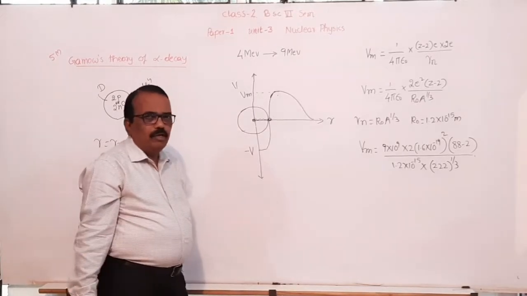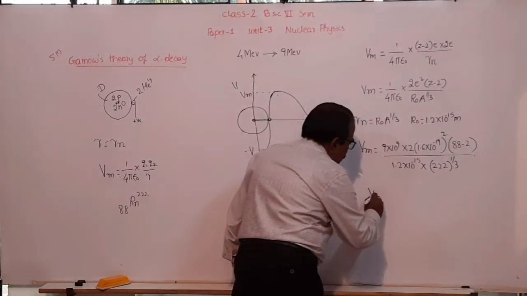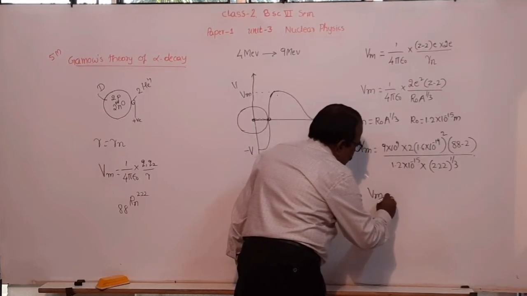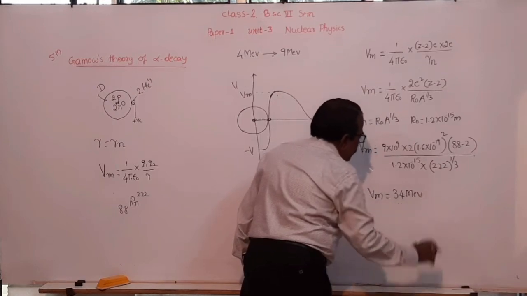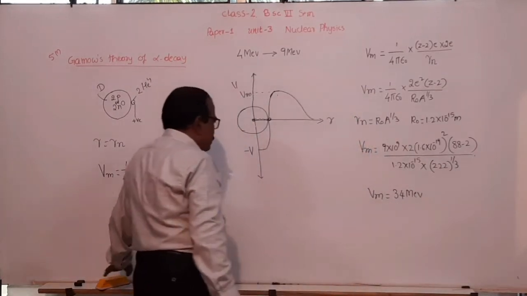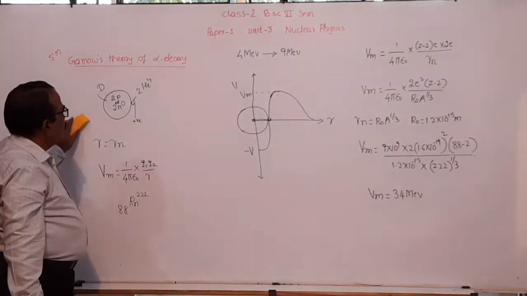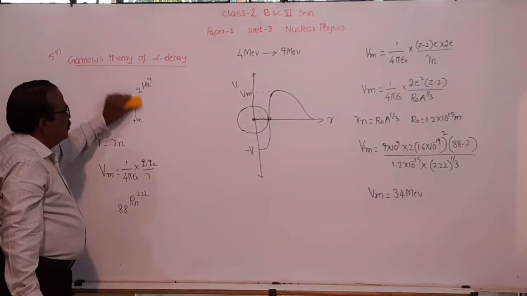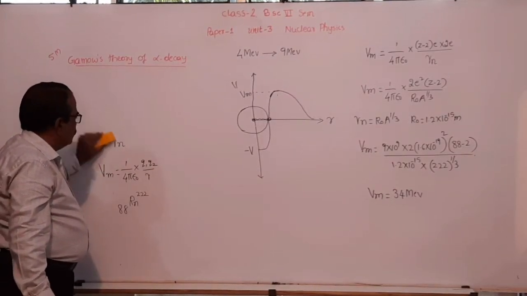If you simplify this, your potential energy becomes 34 mega electron volt. The potential energy during this alpha decay is 34 mega electron volts.